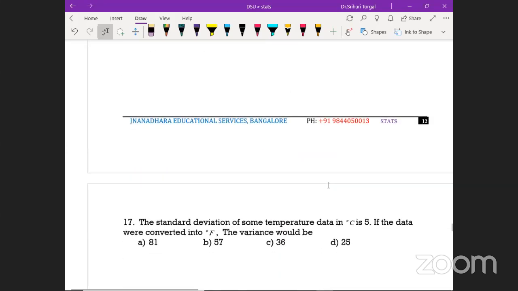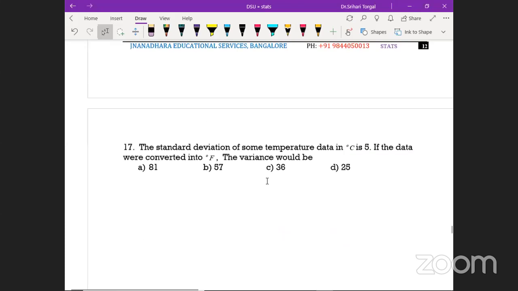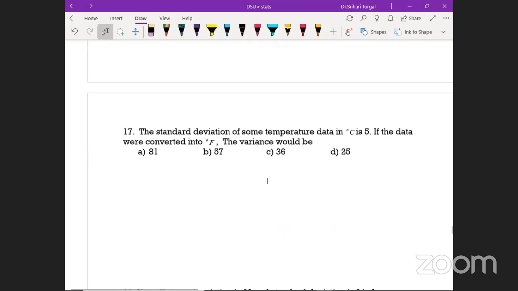Now move on to solving the problems of the category. First let me solve this problem, question number 17.